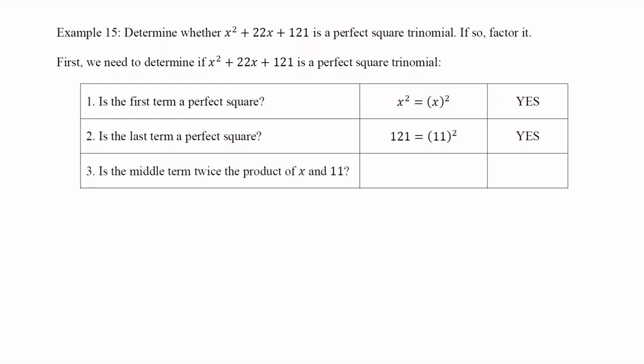So, is the middle term twice the product of x and 11? Well, 22x is 2 times x times 11, so yes. So we can factor this down into x plus 11 quantity squared. Square root of the first term plus the square root of the last term, and we will square that binomial.